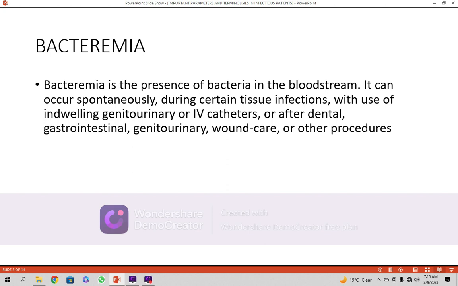Bacteremia is when the quantity of the bacteria is enough to overcome the third line of defense. And this is the end of what we call the incubation period, and the patient can present a clinical scenario like fever.